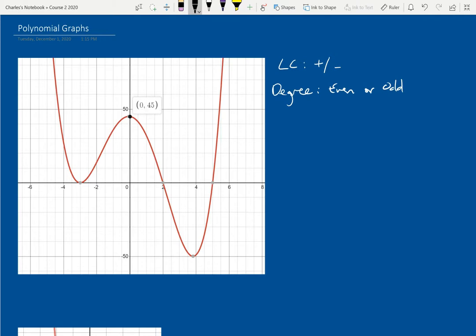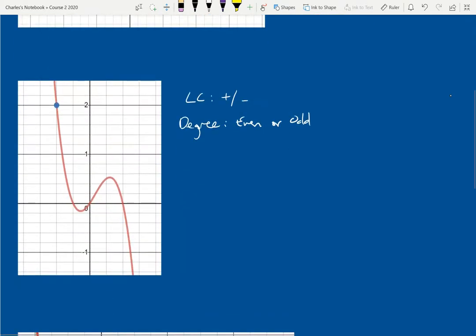So for each one of these things, there's two things I want to know right off the bat. Number one, I want to know whether the leading coefficient is positive or negative, and I also want to know whether the degree is odd or even. Okay, so the degree is even if both of the arms point in the same direction. It's odd if one arm points up and the other arm points down.